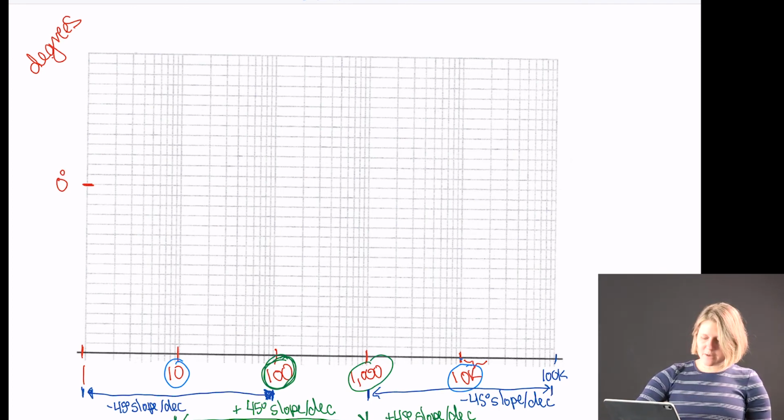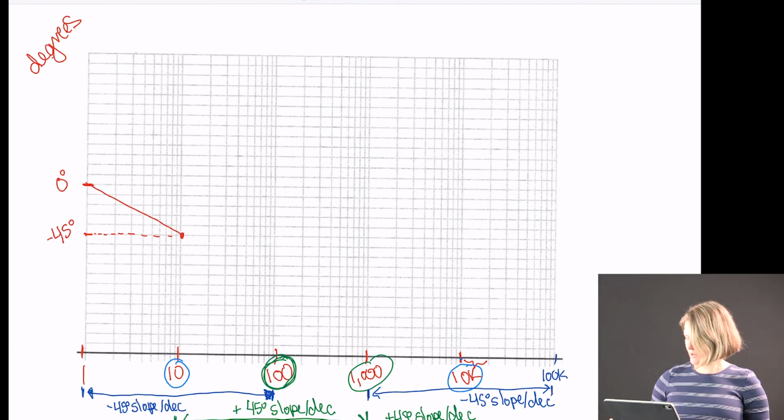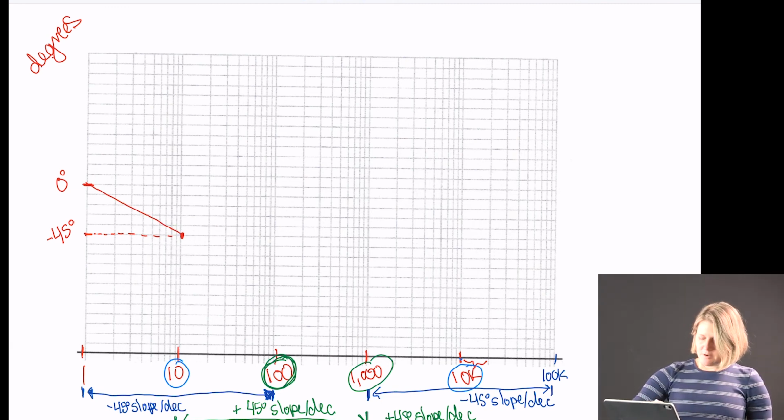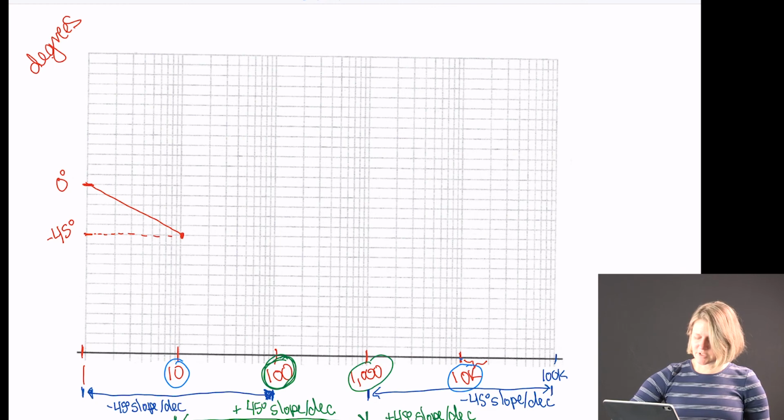And then I have a minus 45 degree slope until I reach 10. So I'm going to go down to minus 45. And between here and here, I have a change of minus 45. From here to here, I have 0 change, and then I have 90 from here to here. So I'm going to go to 45 here.